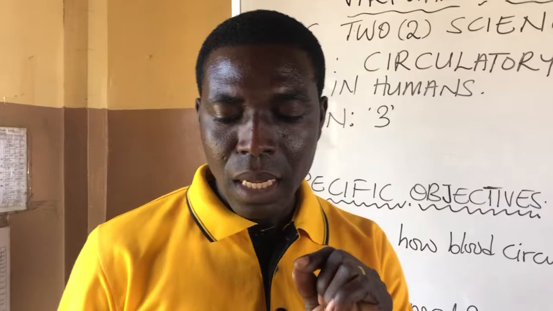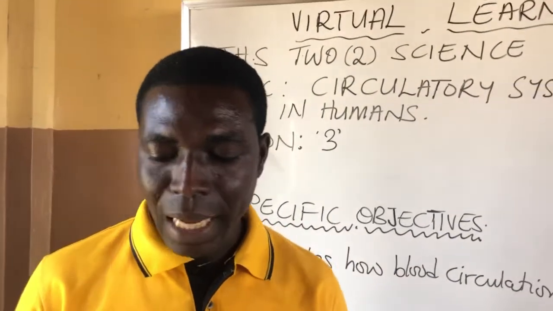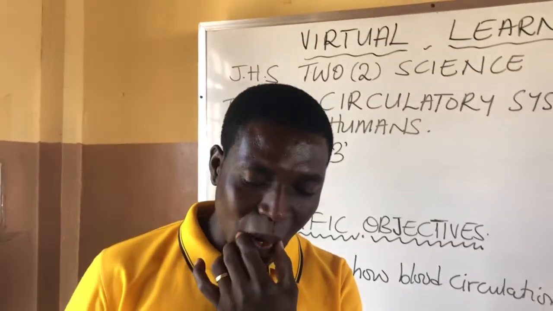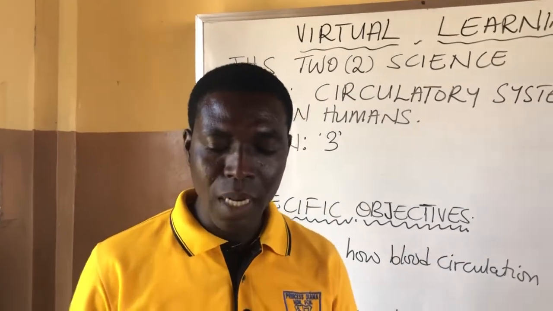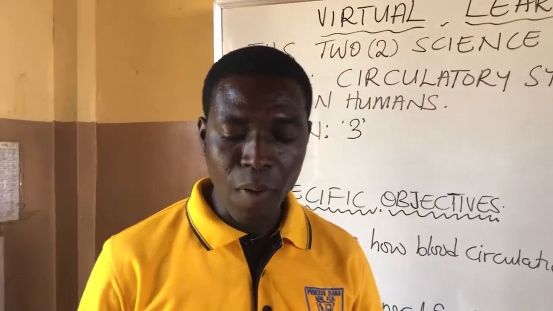Systolic phase is when the auricles and ventricles contract to pump blood to all parts of the body. That is the type of heartbeat we call systolic phase.